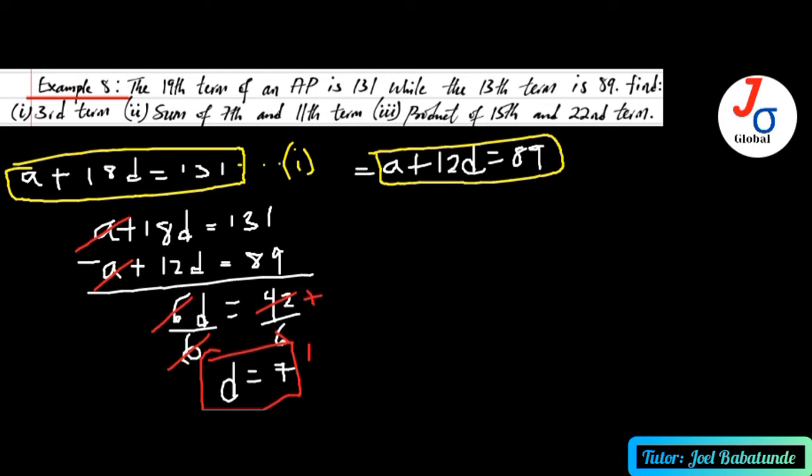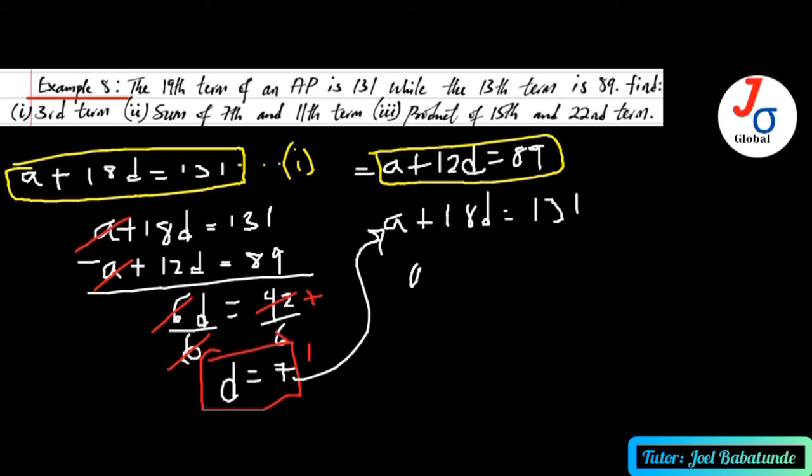Now that we have the common difference, can we get our A? Yes, we can put D into any of these equations and get the same answer. So let's go with equation 1: A plus 18D is equal to 131. Let's put the value of D in this equation.